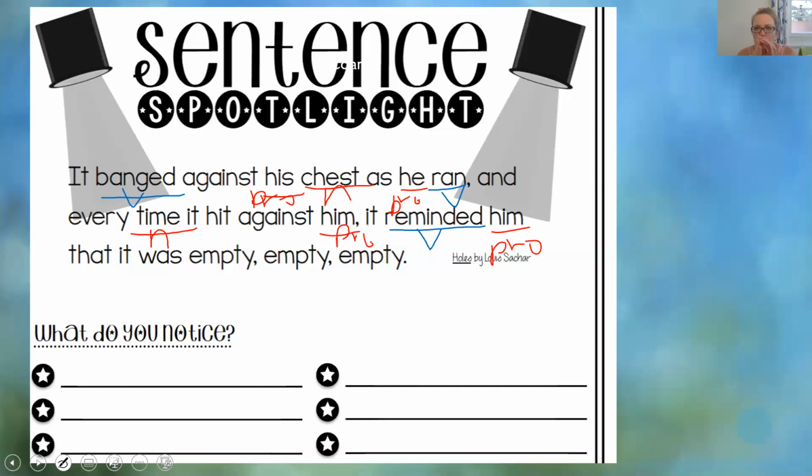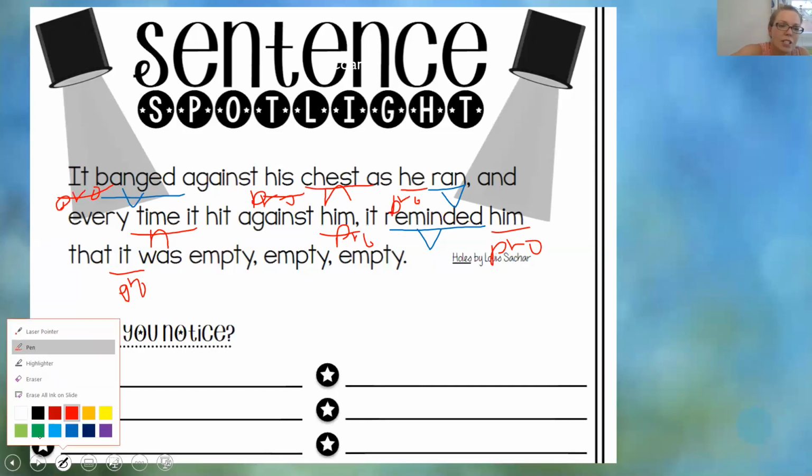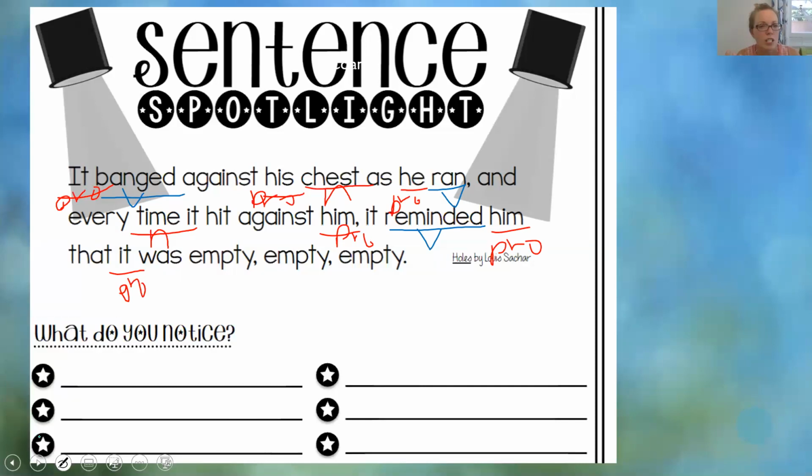Do you know what it could be? It. It is taking the place of identifying what it is. Those are pronouns. Okay. Now for our adjectives. Adjectives, descriptive word, empty, empty, empty. Those are adjectives.